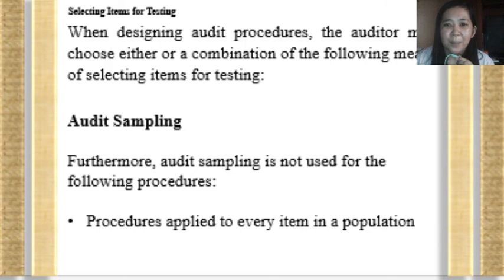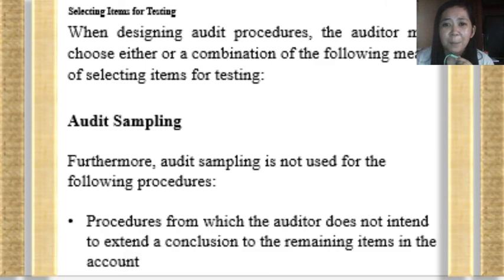Those are the different procedures in which the auditor can select different means of selecting items for testing, in the gathering of appropriate and sufficient audit evidence to support the opinion on the fairness of the financial statements of the client.